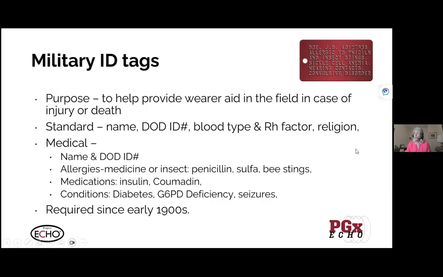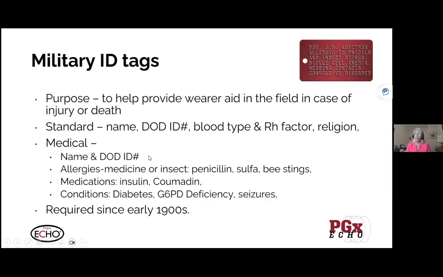I'm not sure of the year. I think it was 2020, but it might have been sooner than that. Actually it was 2017, they started producing these red medical tags.